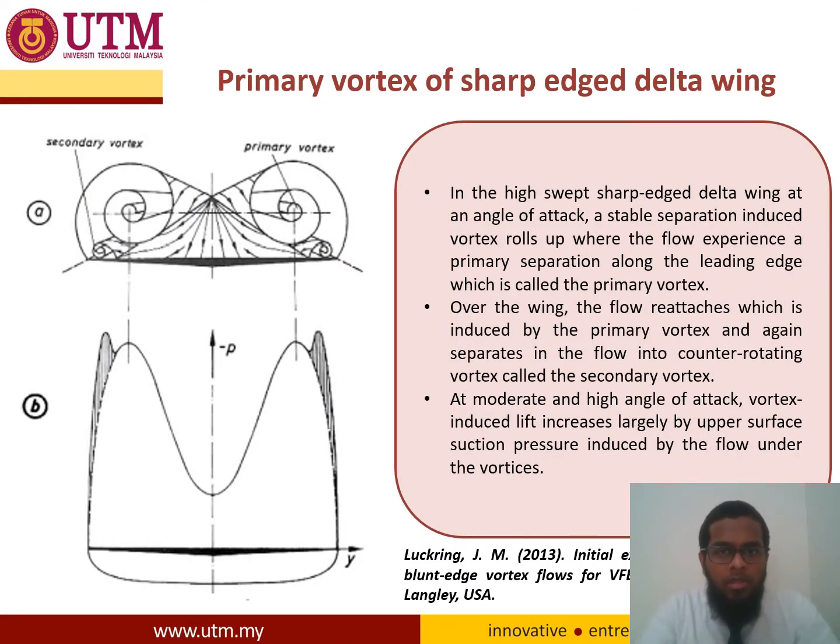In this slide, the vortex of the sharp edge delta wing is discussed again. Author Lurking JM in 2013 published a paper stating that in a high swept sharp edge delta wing at a high angle of attack, separation is induced, which rolls up and forms the primary vortex, which then reattaches, and again separates underneath the primary vortex in the counter rotating direction, which is called the secondary vortex.